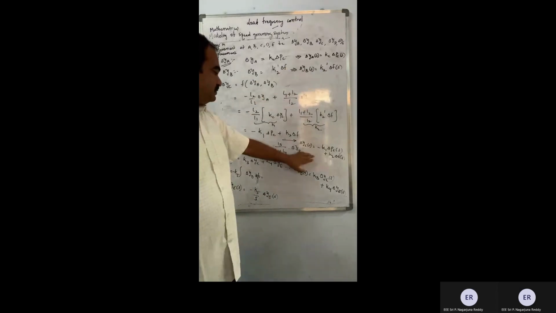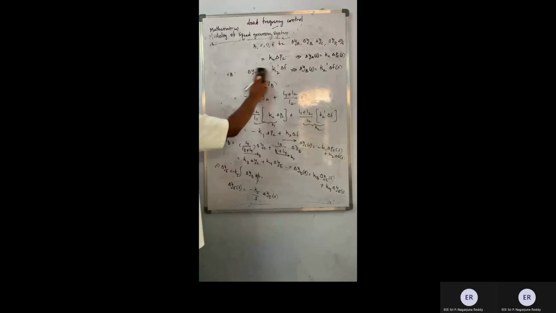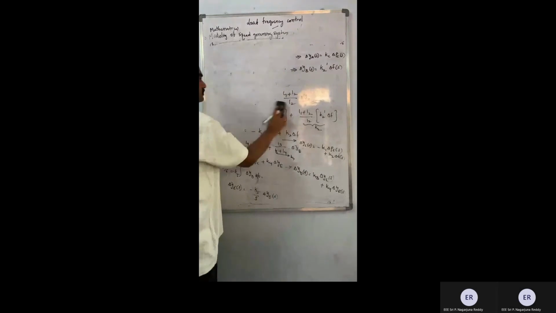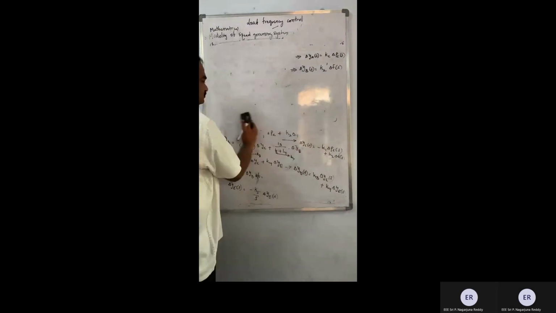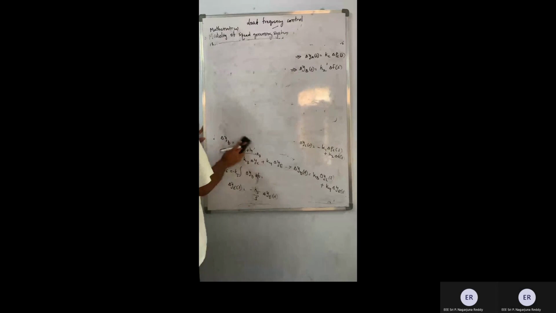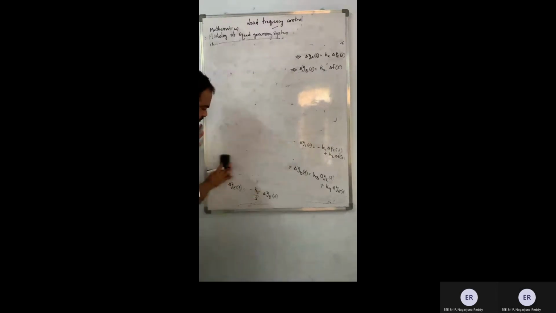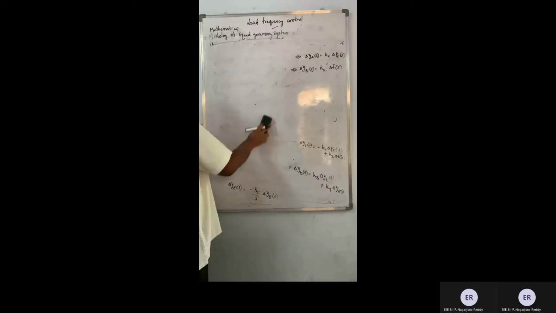See, these are the expressions 1, 2, 3, 4, and 5 in terms of the Laplace domain. Now, I am erasing all the remaining things. So these are the 5 expressions which represent the displacement at the points A, B, C, D, and E.